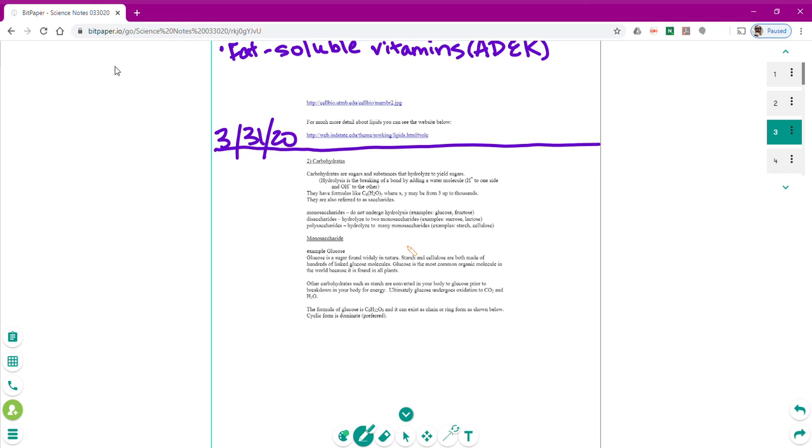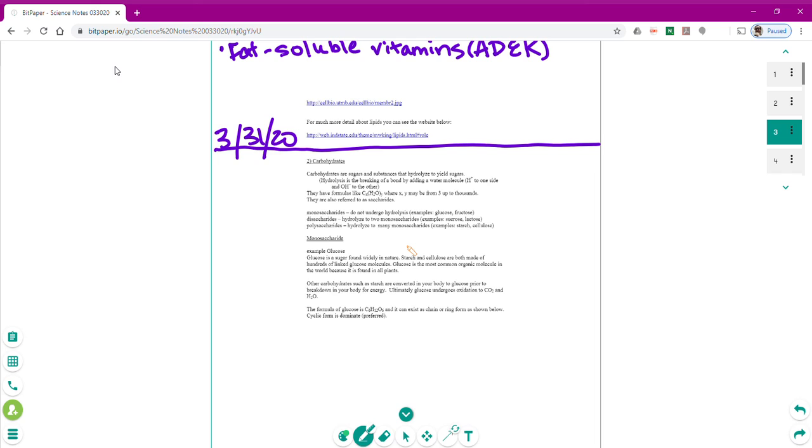Vitamin E is an antioxidant, okay? So we've talked about oxidation, how it's a reaction with oxygen, and how we sometimes need to slow that down because oxygen can be corrosive, and stuff like that. Vitamin K is helpful in clotting.